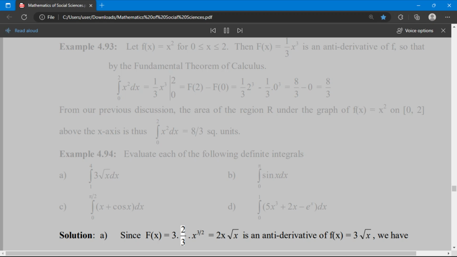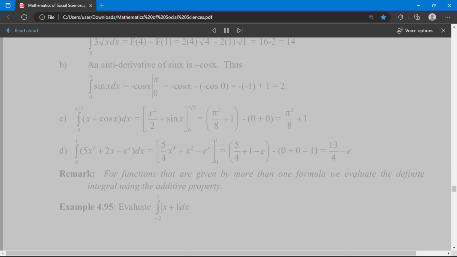A. Since F(x) equals (3/2)x² is an antiderivative of f(x) equals 3x, we have ∫₁⁴ 3x dx equals F(4) − F(1) equals (3/2)(16) − (3/2)(1) equals 24 − 3/2 equals 45/2.